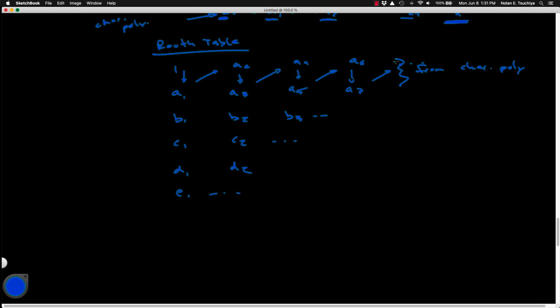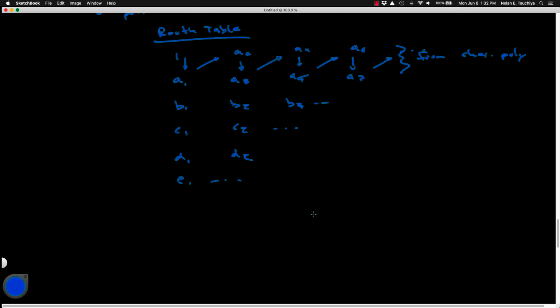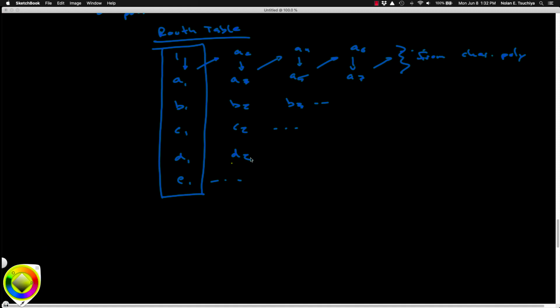Basically what it's ultimately going to look like is this upper triangular matrix form. And when you're finished making the Routh table, and I'll show you how to determine when you're finished in the next step, you're going to look at the first column of the Routh table.